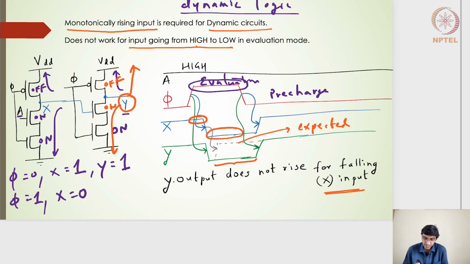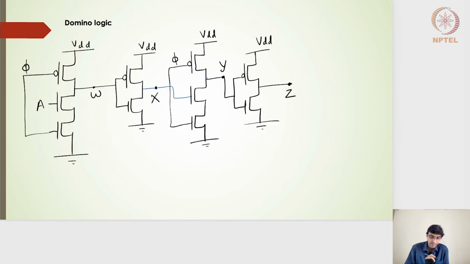So for a transition from high to low in the evaluation mode, it doesn't work. It always needs a monotonic input, and that should be a rising input: low in the evaluation phase, and then it should go high. It doesn't work the opposite way. Very big disadvantage for this particular circuit.